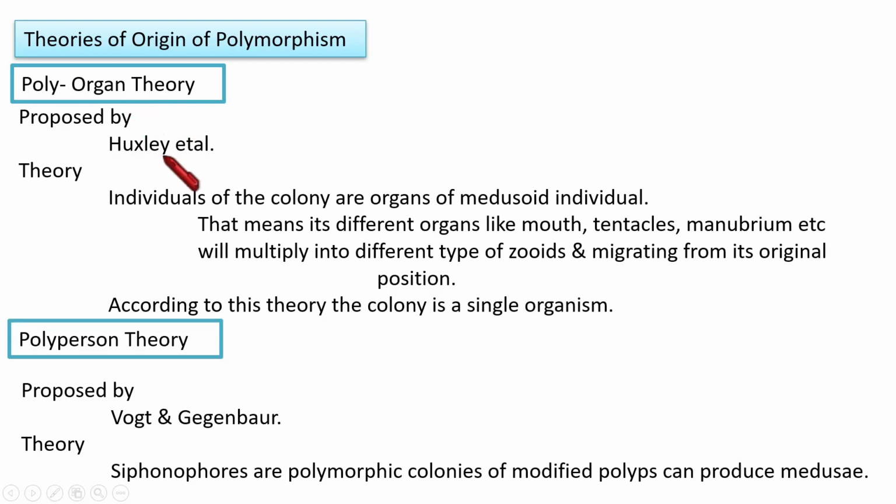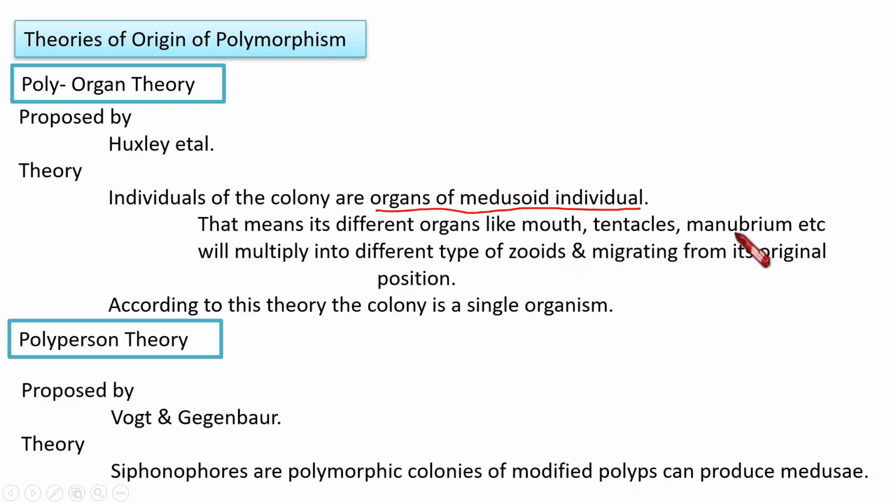Polyorgan theory was proposed by Huxley. Then what does this theory explain regarding the origin of polymorphism? According to this theory, all the individuals of the colony are nothing but organs of a medusoid individual. That is what this theory is telling. More clearly, we know that medusa has different structures like a mouth, tentacles, manubrium, like that.